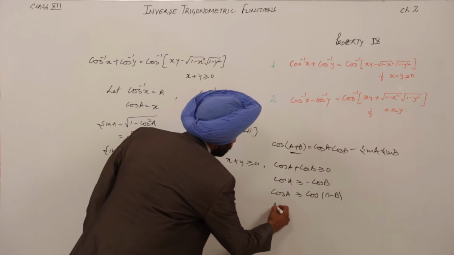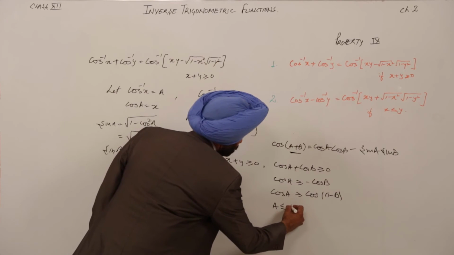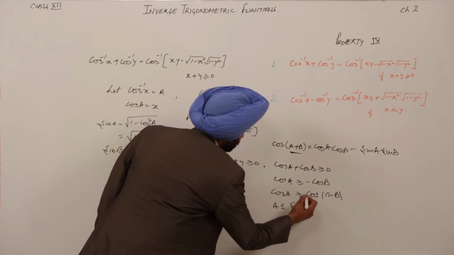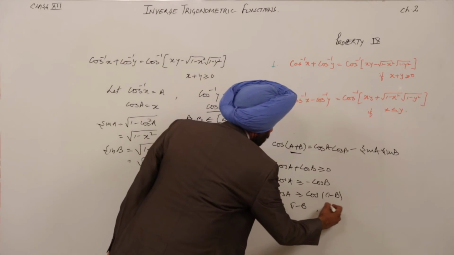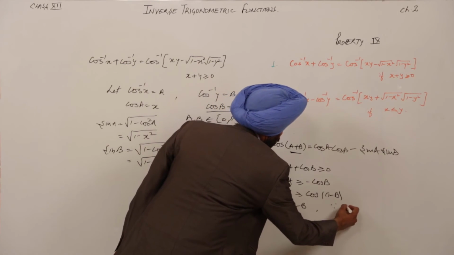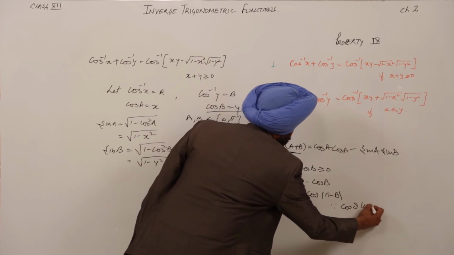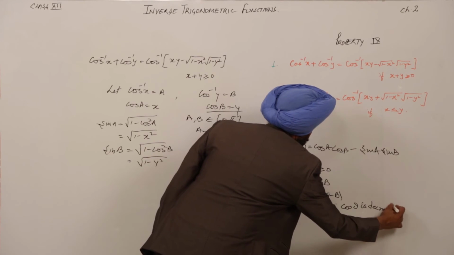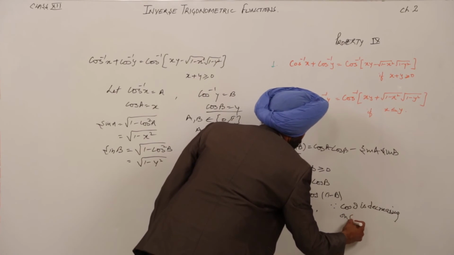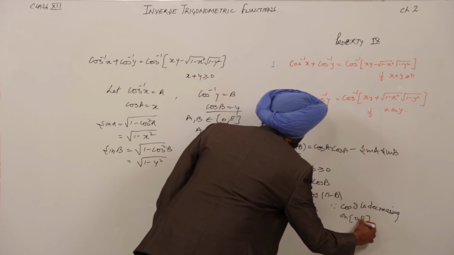We can write a is less than or equal to pi minus b. Now why have I written less than or equal to? Because cos theta is decreasing on 0 comma pi.